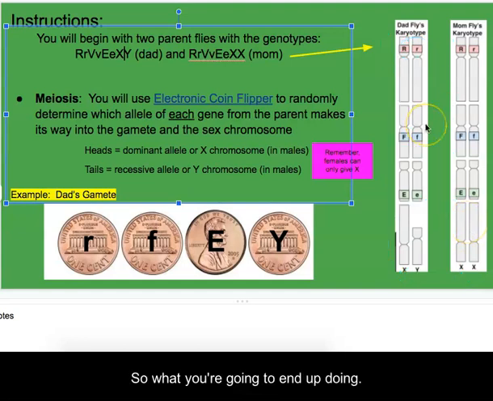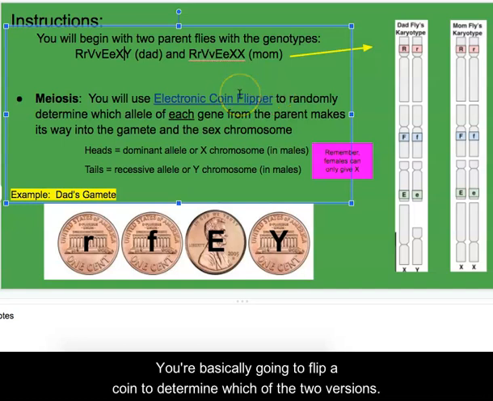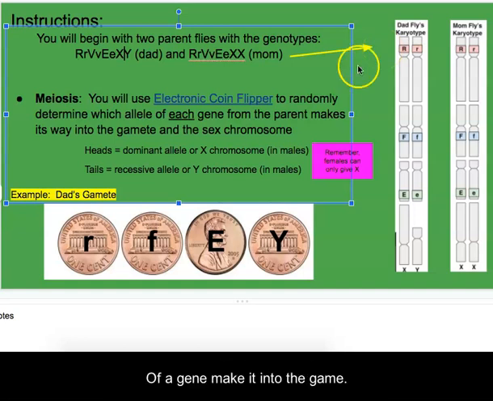So what you're going to end up doing is using a coin, or if you want, you can use this electronic coin flipper. You're basically going to flip a coin to determine which of the 2 versions of a gene make it into the gamete.